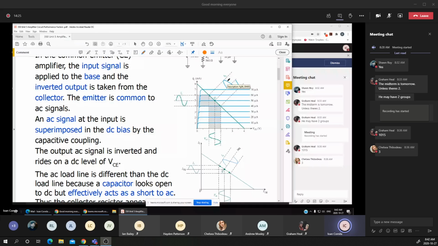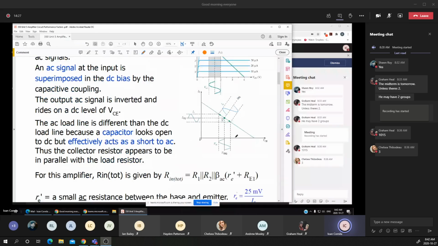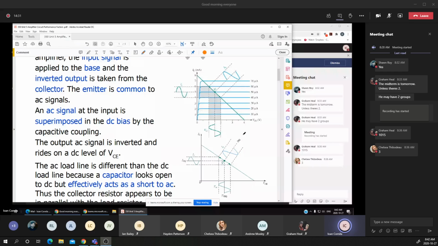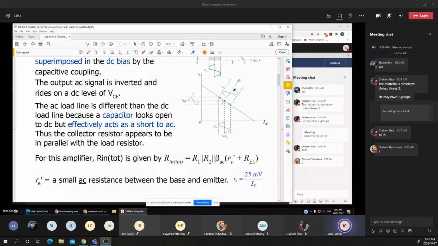Now that's a very clean diagram that represents the same thing. I'm applying a swing in the IB, or a small signal on the base of the transistor. In the same way, the IC will change with a different value.